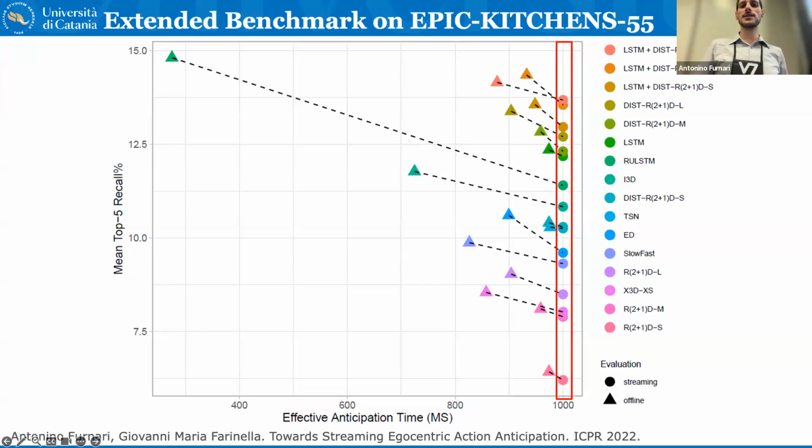And now, as you can see, the effective anticipation time is restored, it is 1 second, but you see that models which are heavier, like the one on the top left, get very, very bad when they are evaluated in this way.